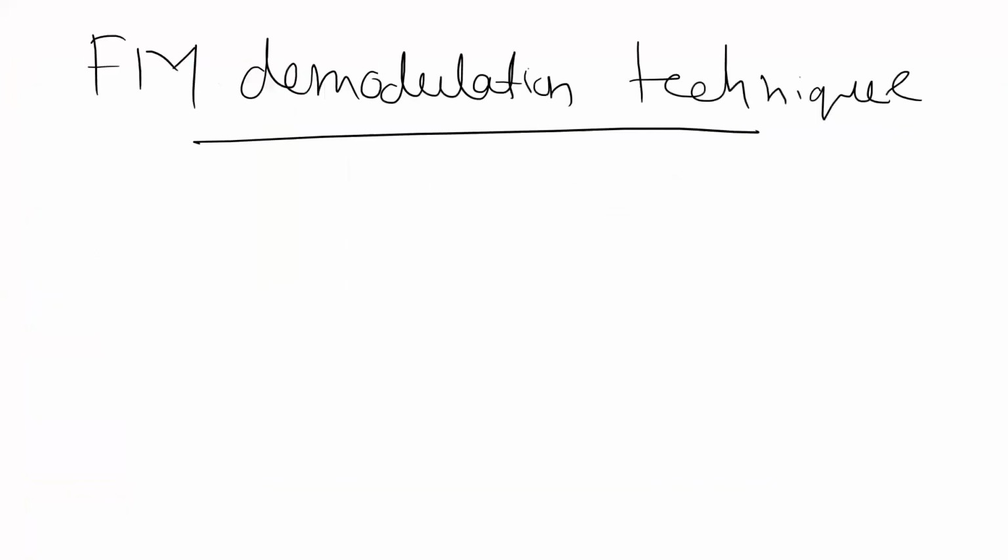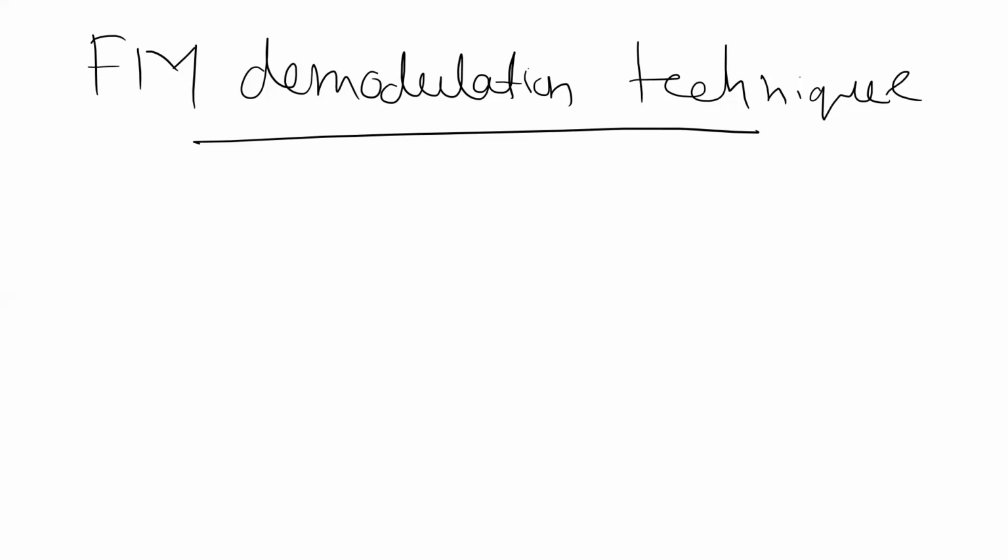Demodulation is like, you receive the message signal and the carrier signal, you get rid of the carrier signal, and you only have the message signal. Yeah, somehow you can say that.